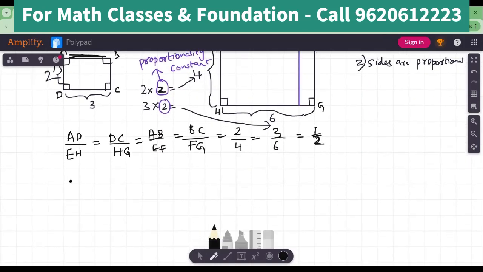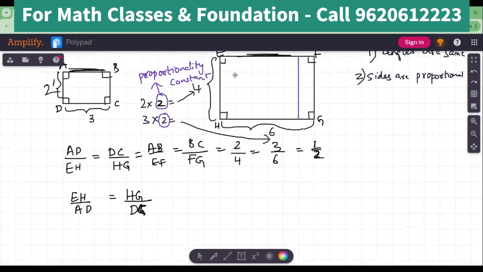What is that I can write? I can say EH divided by AD, then HG divided by DC. Now what happens? EH is 4 and AD is 2.